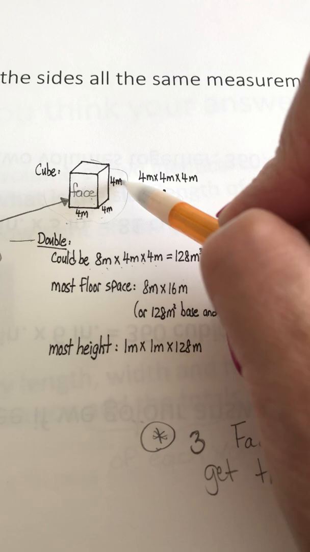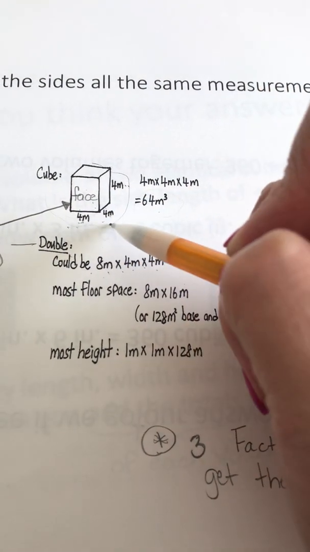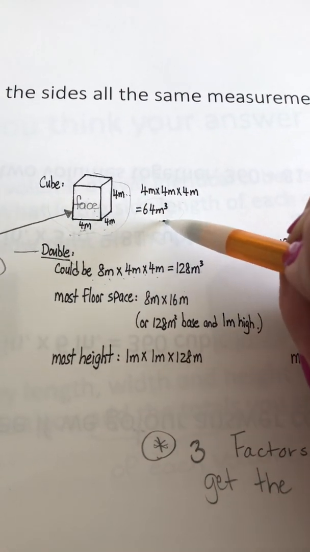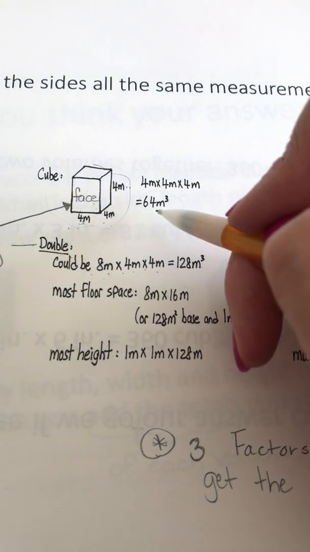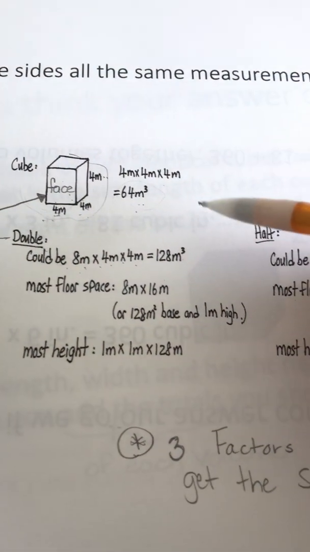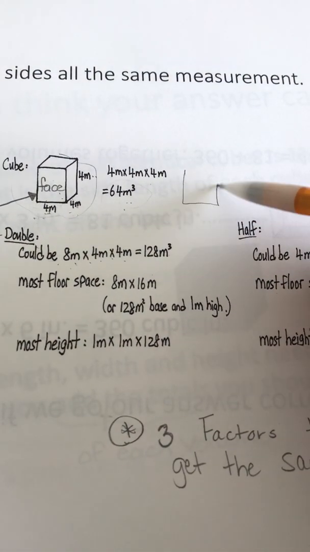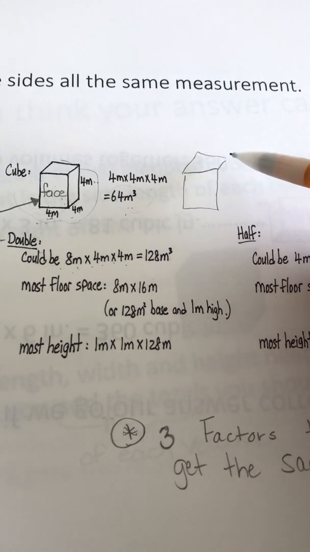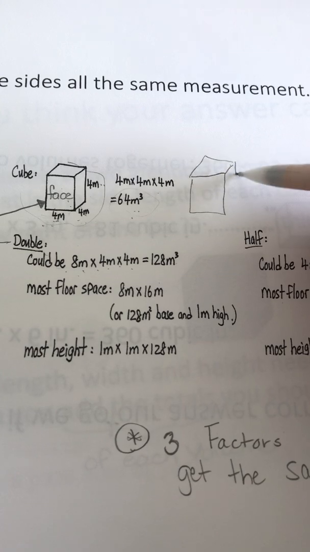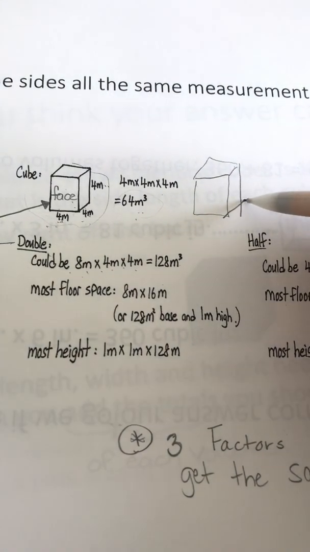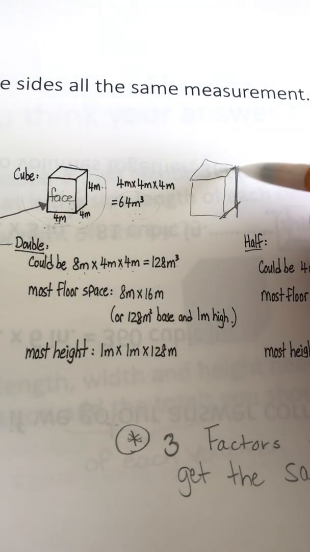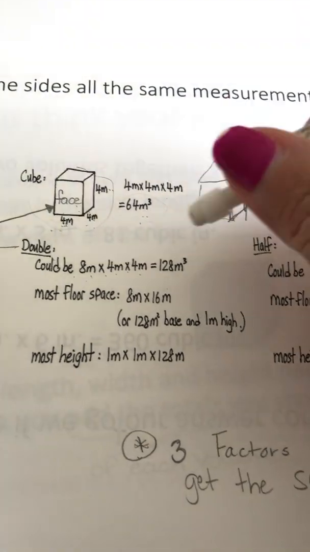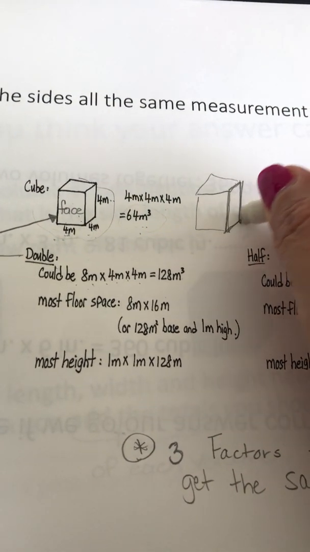Okay, these are just giving you some other dimensions of how you can take all the same measurements, all your factors. Okay, so 4 times 4 times 4 gave you 64. If I had to double that, which meant show me another picture of that right next to it. I'm going to draw this best I can. There we go. I'm trying, guys.